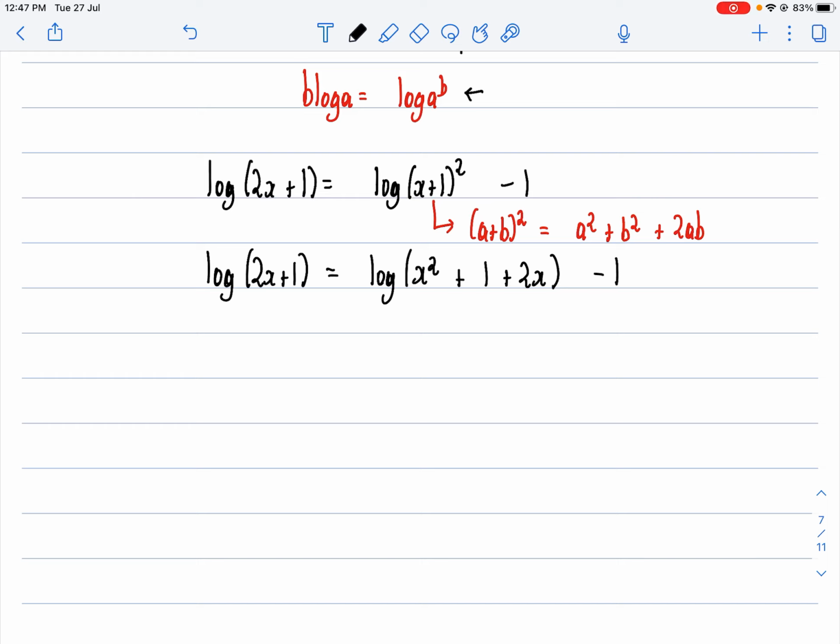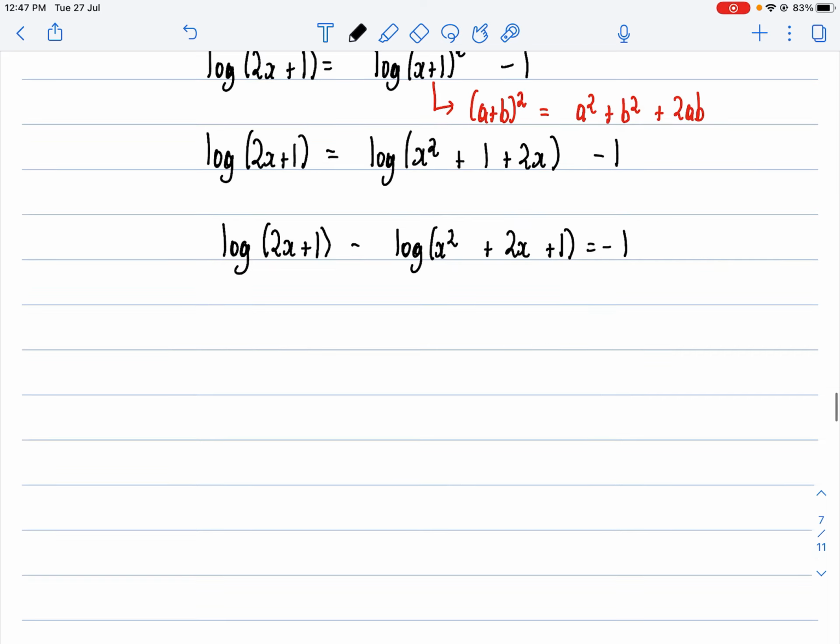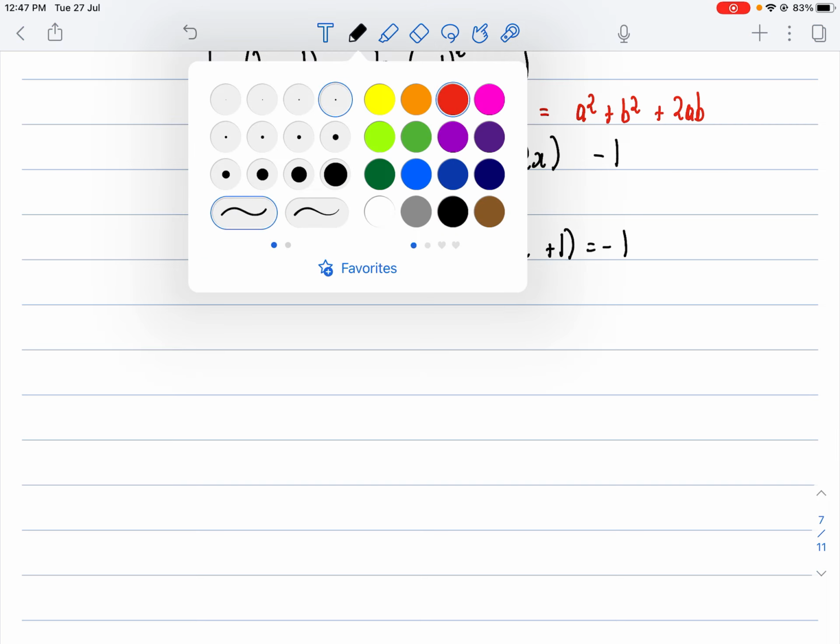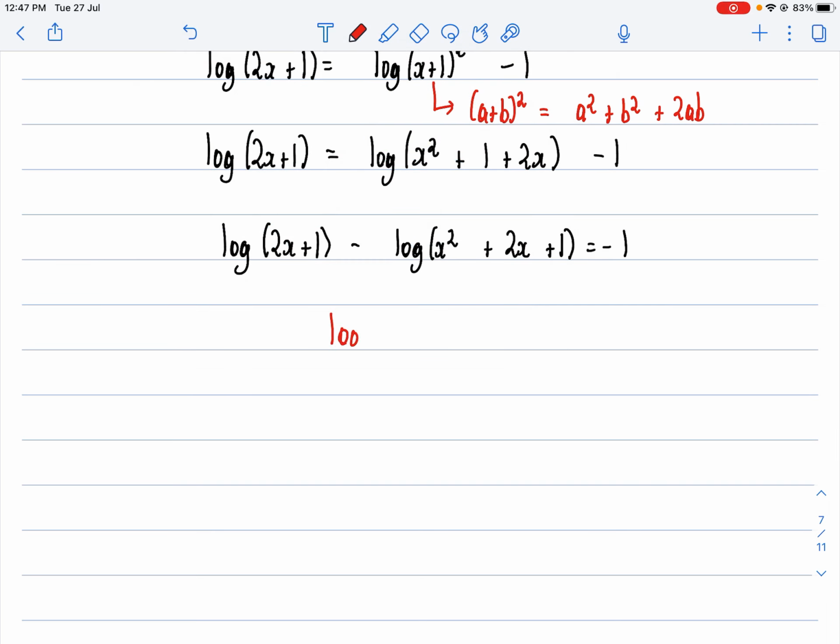Now what I can do is I can write this as log of 2x plus 1 minus the log of x square plus 2x plus 1, which is equal to negative 1. Correct? Now I can use the log property, which states that log of A minus log of B is equal to log of A over B. Correct?